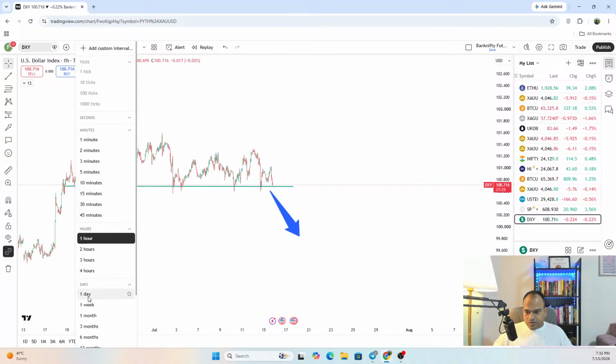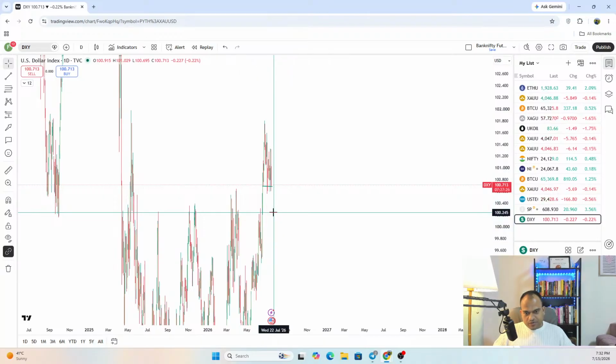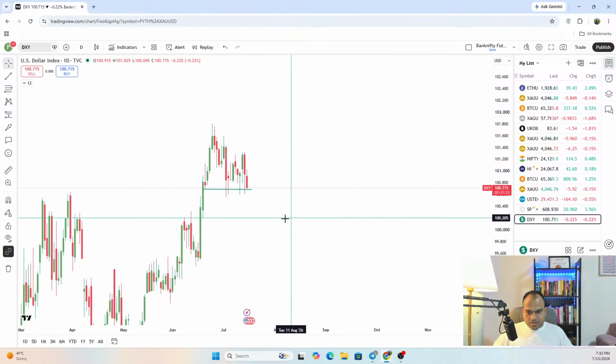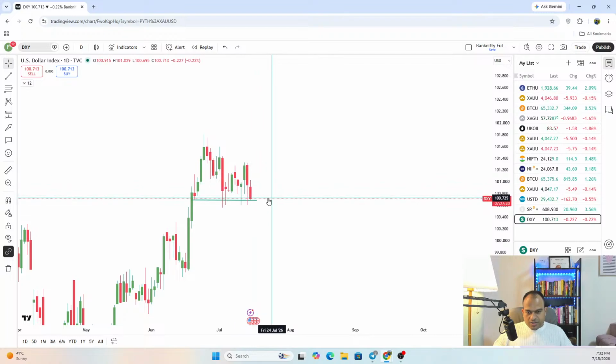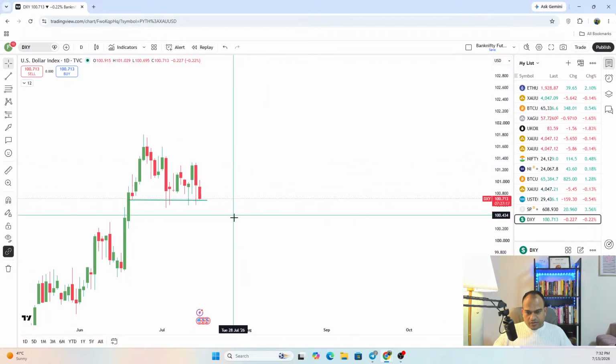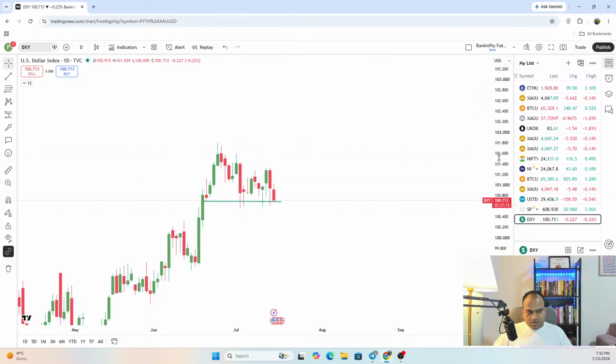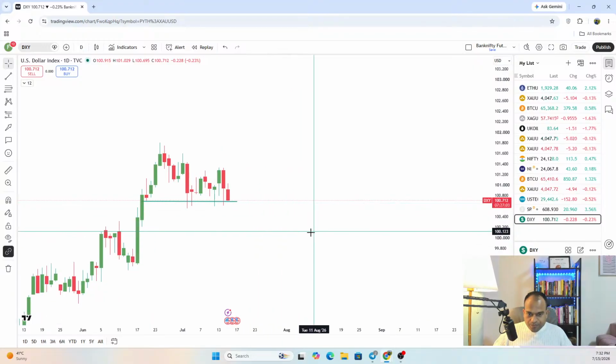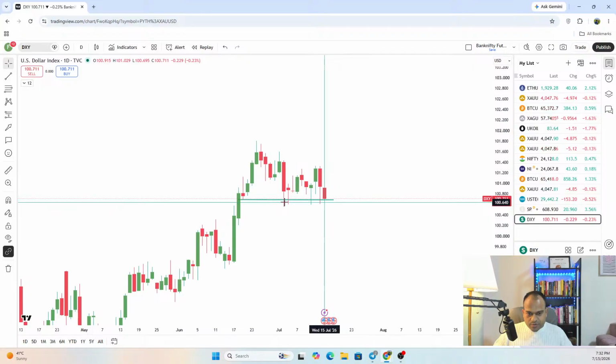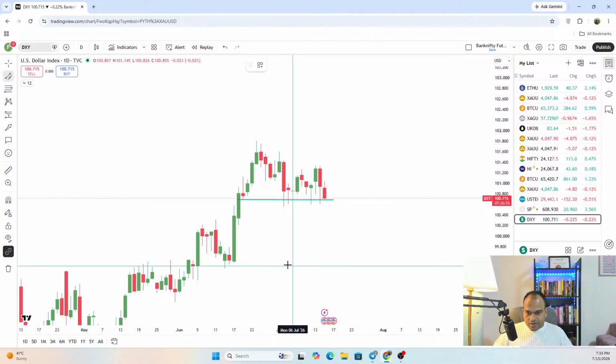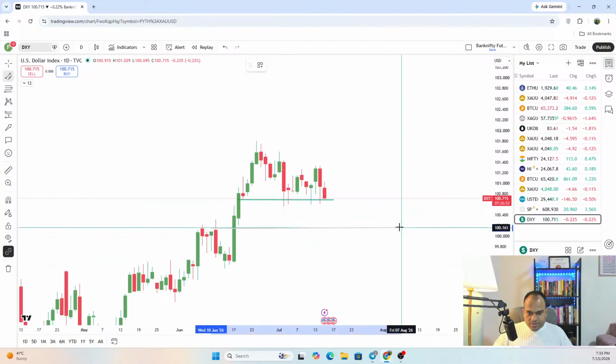If we check on a daily time frame what's happening with USD, yesterday the dollar actually engulfed the previous 2 days' gain and closed negatively, and that's why today we could see the momentum is still going towards the downside. Now this is a critical support zone. If this is broken, definitely the next area where the dollar should come and stop is this, which is 100.2.